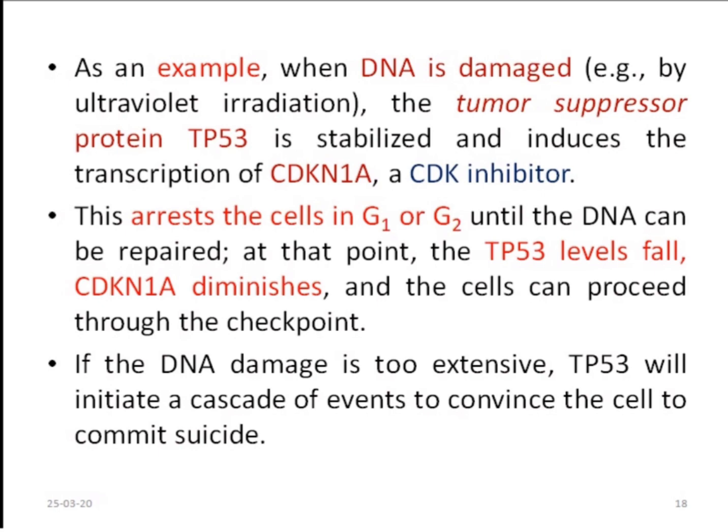If the DNA damage is too extensive, as I told you, TP53 will initiate a cascade of events to convince the cells to commit suicide, right? You might have heard the word suicide for human beings. When human beings decide not to survive, they go for suicide. Same thing here with cells. The body is taking the decision to kill one of its cells.